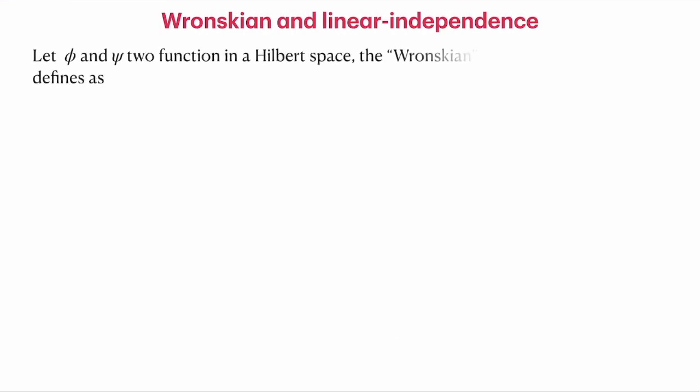Let phi and psi be two functions. Well, in Hilbert space, it need not be in Hilbert space. It can in general be any two functions, but linear independence doesn't make sense in general, so we say that they are functions in Hilbert space.